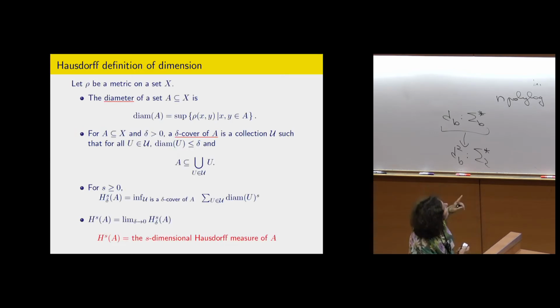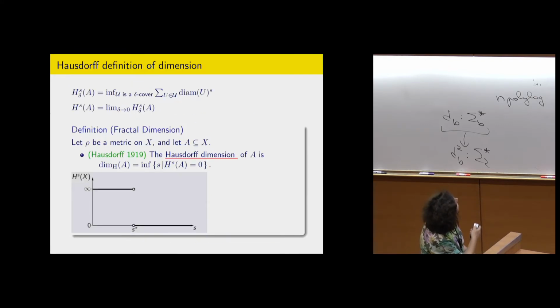The original Hausdorff definition of dimension involves delta covers, covering sets whose diameter is vanishing. It involves the definition of this H^s, called the s-dimensional Hausdorff measure, which fractal geometry people are pretty interested in. The dimension is then defined by taking the smallest s for which this s-dimensional Hausdorff measure is 0.